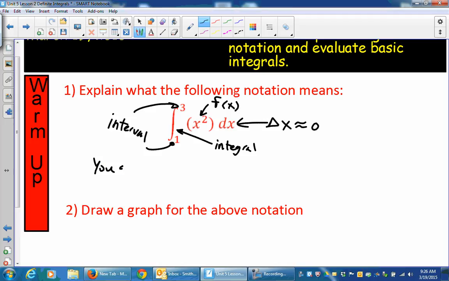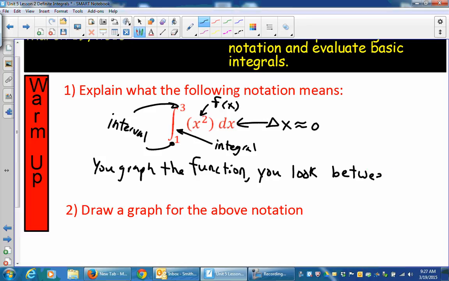So you graph the function, which was already identified as x squared, and you look between 1 and 3, because that's your interval.